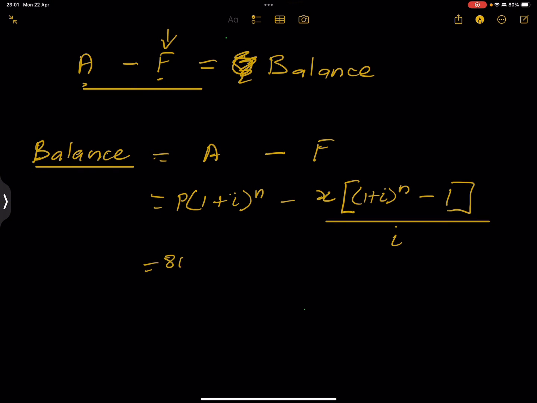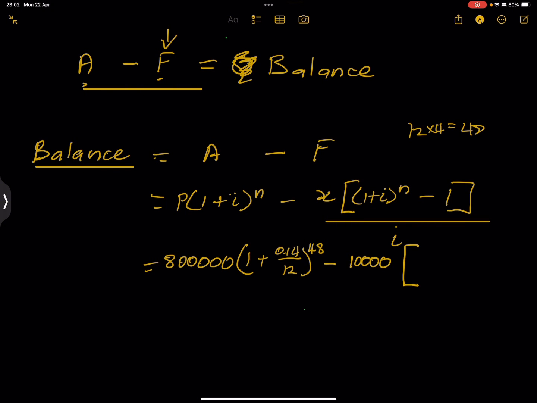So let's put those values. That's 800,000 into 1 plus 0.14 over 12, and in this case, this is after 4 years. So please remember 4 years monthly, that's 12 times 4, which is 48. So that would be 48 months minus that 10,000.